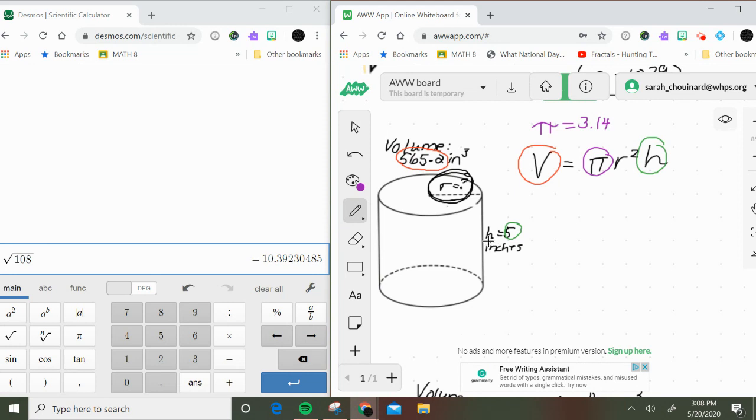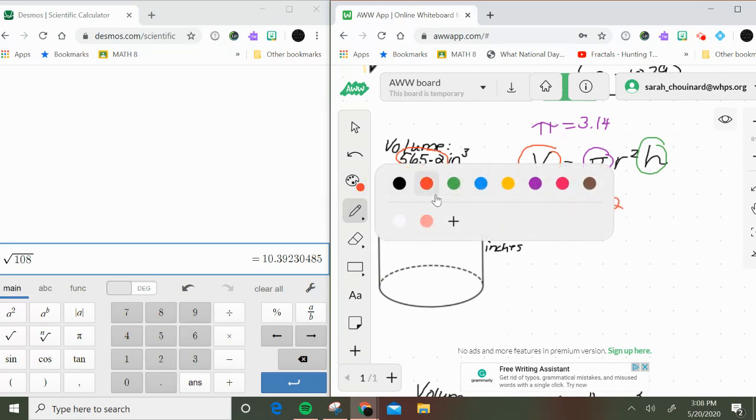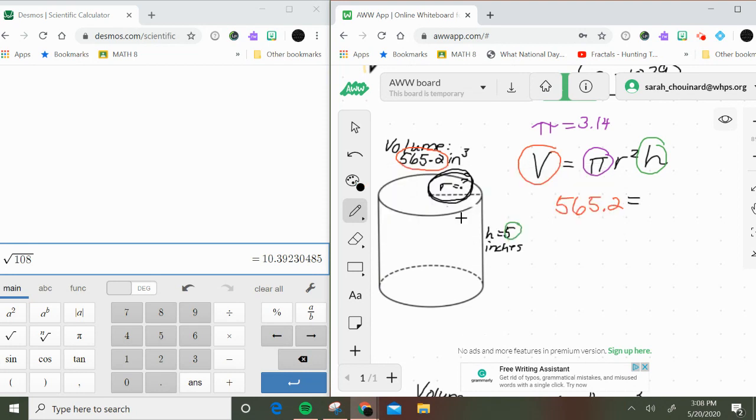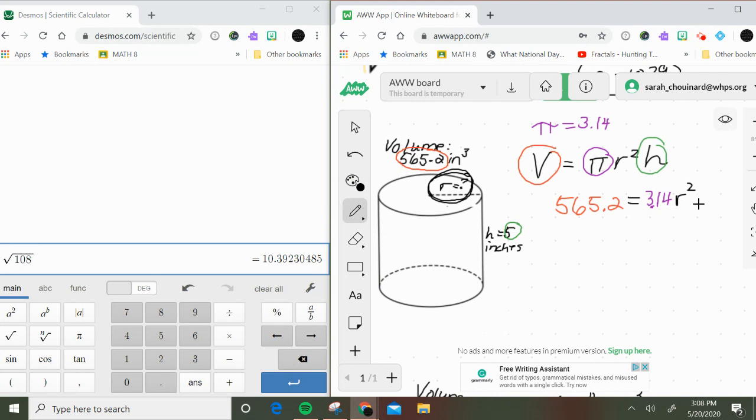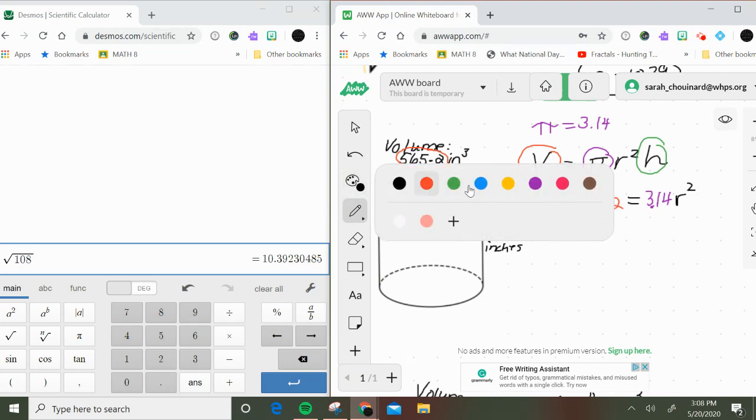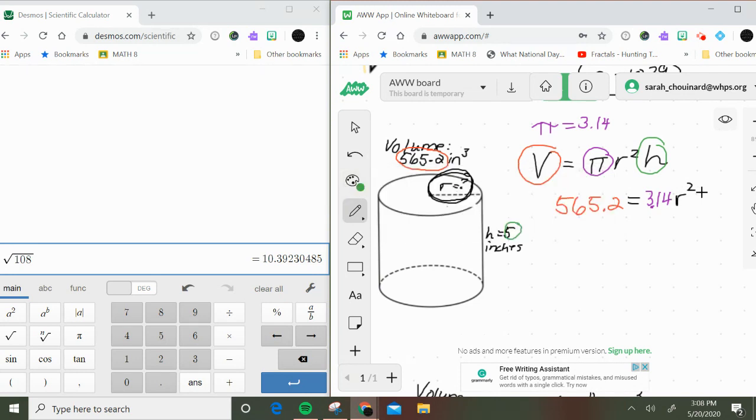So we're going to plug all those values in, and then we're going to solve for r. So we get 565.2 is equal to 3.14 for pi. And then r squared is what we don't know, so we're going to leave that in there, and then we're going to plug in 5.